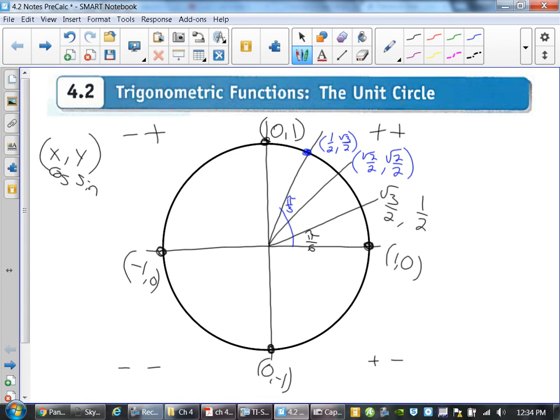Now, what's really nice about working with a 45 is that if you know that all the way around the circle is 2 pi, halfway around the circle is pi, half of pi is pi over 2, half of pi over 2 would be pi over 4. It works out real quick because 0 to 45 to 90 to 135 to 180, each one of those is the same chunk.